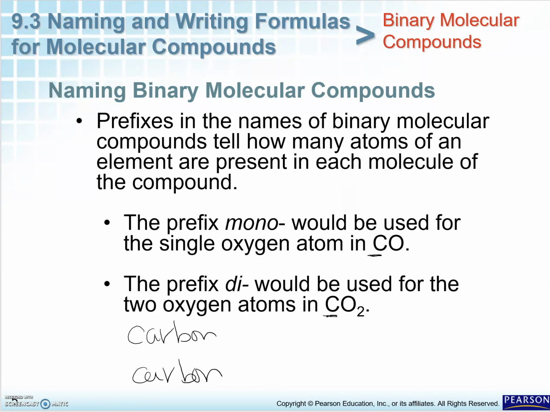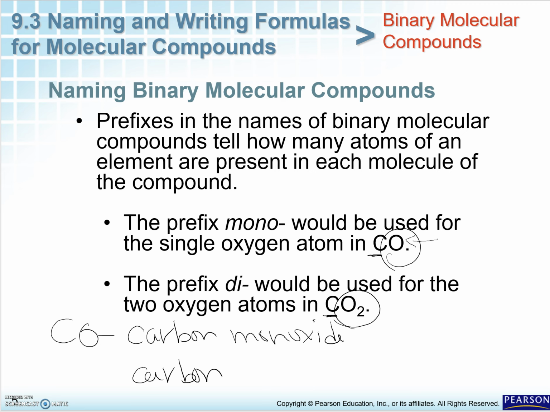However, they have different numbers of oxygens. So we want to make sure that we tell our reader how they are different. Since mono means 1 and we only have 1 oxygen in CO, we would call this compound carbon monoxide.